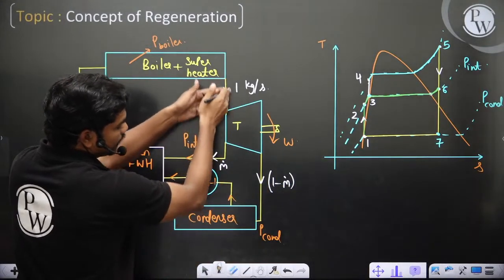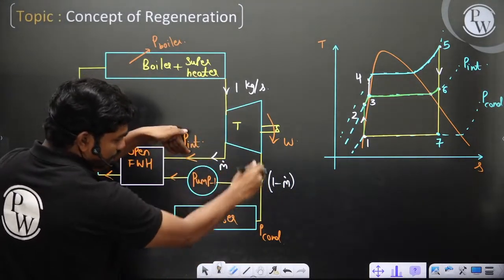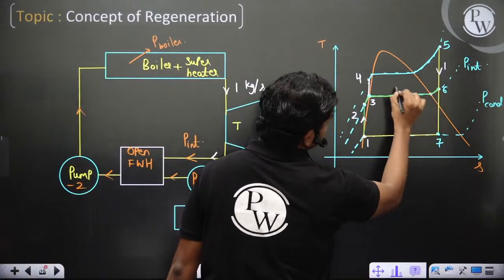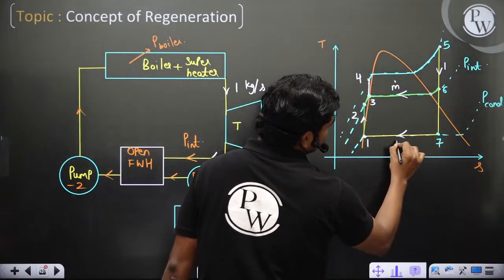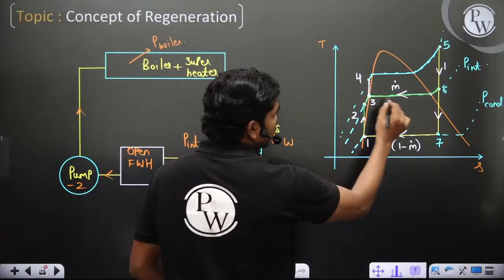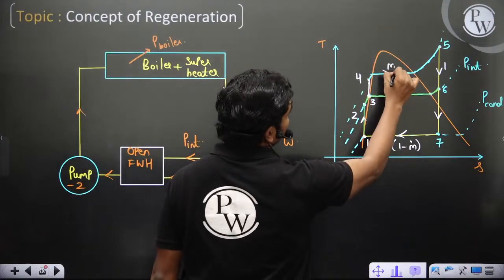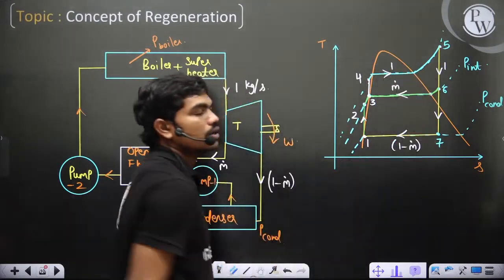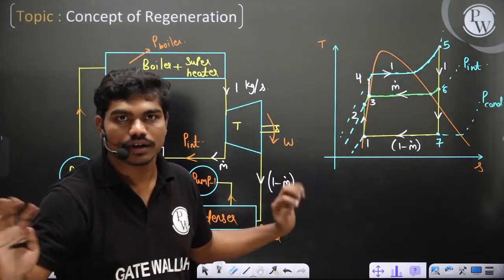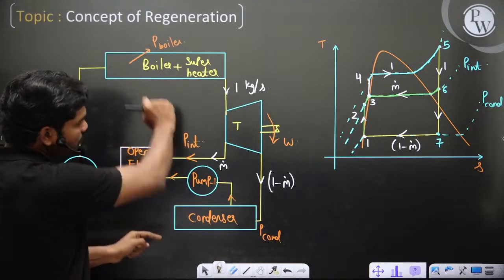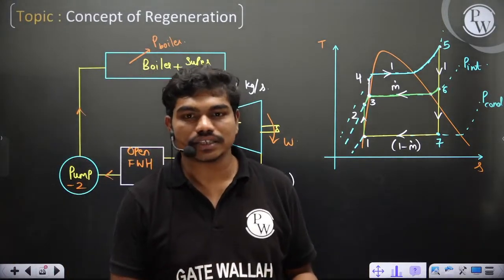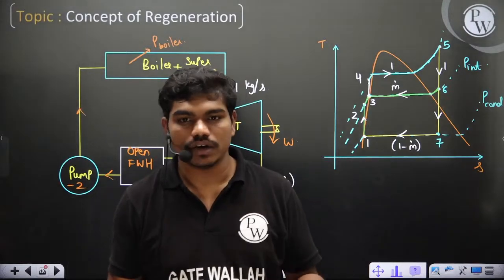So here it is 1, here it is m dot, and in this part it is 1 minus m dot, and at this point both of them get mixed, and in this circuit you again have 1, the total. Clear? It's simple mass conservation, just observing the devices, nothing big at all. Just by looking at the physical construction of this device, try to generate the TS. Once you generate the TS, doing thermodynamic analysis and calculating efficiencies, all these things you can do very well.